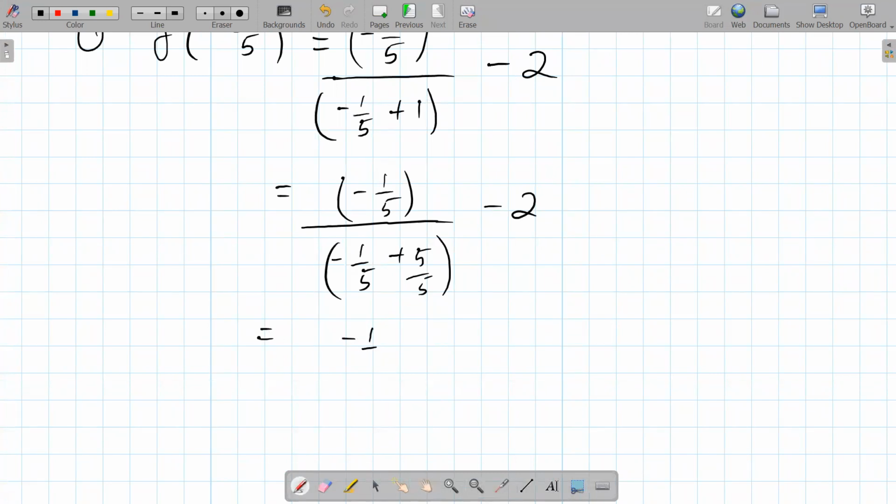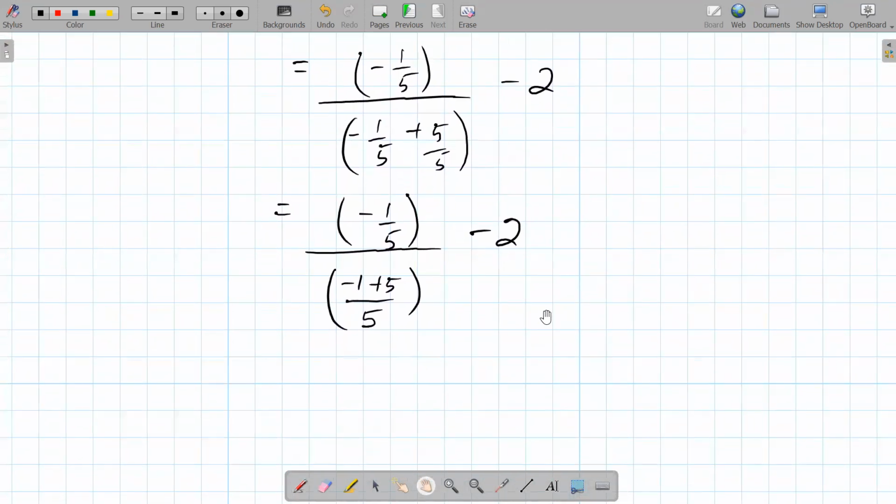So -1/5 in the numerator. This time I have the same denominators. I keep that and I try to sum up the numerators. So I get this -2. And then here we go again. The numerator is -1/5.